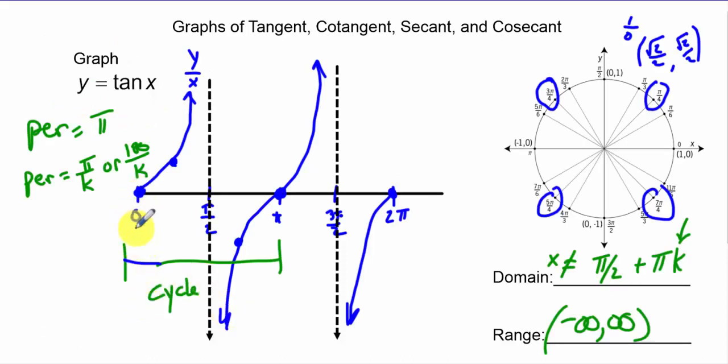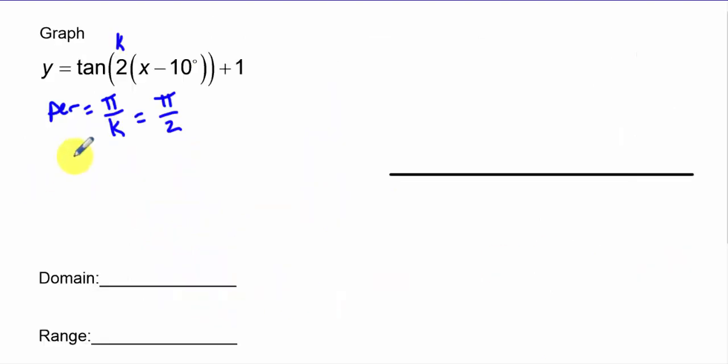In our tangent function, our cycle is pi, and if we look at how many quadrants we go through to get to that pi, here's the first quadrant, and here's the second quadrant. So there's 2 quadrants. So instead of finding my intervals by dividing by 4, we're going to divide the period by 2. So the intervals in this case are pi over 2 over 2, which is really pi over 4. All right, and we're going to go ahead and graph one period.